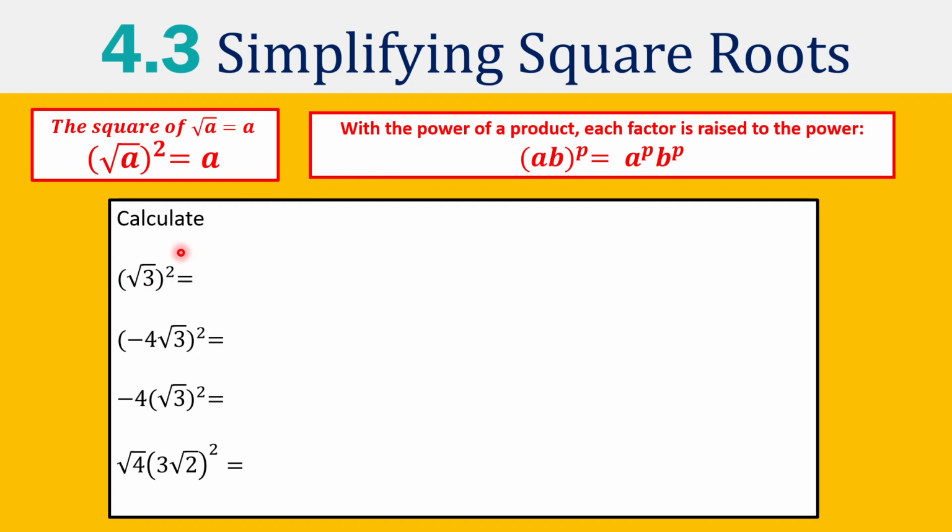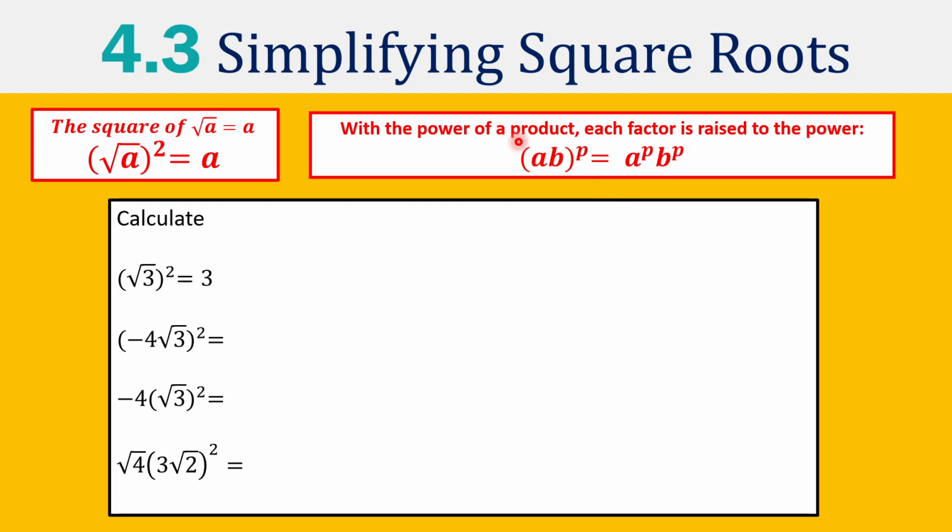For the first exercise here, calculate, we don't need this. We do need this new rule. The square root 3 squared gives me back just a regular 3. But here, minus 4 square root 3 squared. Remember, there's actually a multiplication dot in here. So I have minus 4 times square root 3 squared.